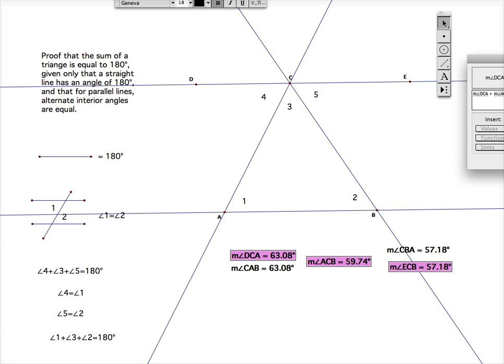And similarly, if I measure angle 1, which is CAB, plus angle 3, which is ACB, plus angle 2, which is ABC, it's also equal to 180 degrees.